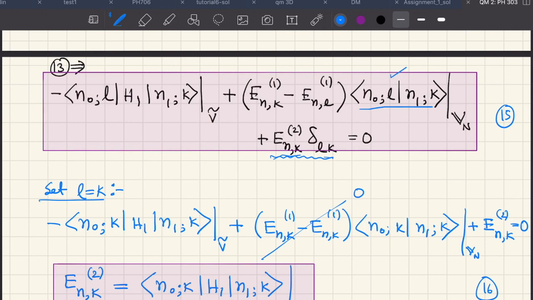Now, if we had not suspected that the state n1k had a component along the degenerate subspace, we would not have introduced the second term here at all.